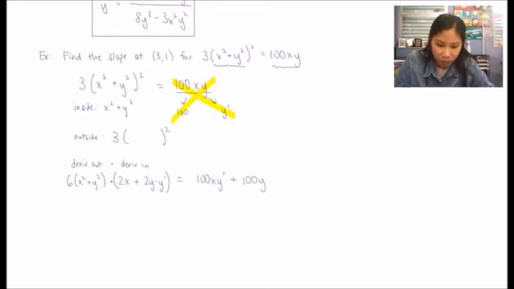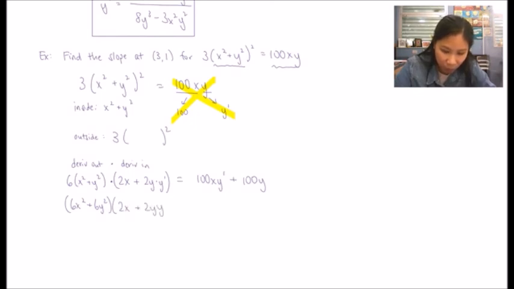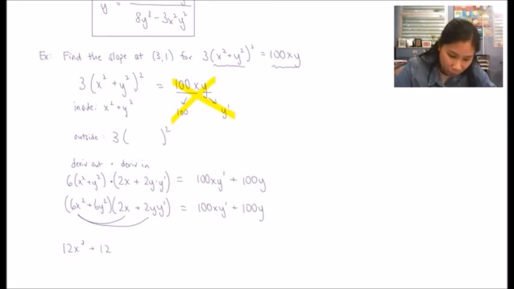Okay, so I'm going to distribute some stuff from the left side. I can distribute the 6 to get 6x squared plus 6y squared. That's being multiplied with 2x plus 2y prime. Okay, which means on that side, on the left side, I'm going to need to FOIL. Alright, so 6x squared times 2x is 12x cubed. 6x squared times 2y prime is going to be 12x squared y prime.